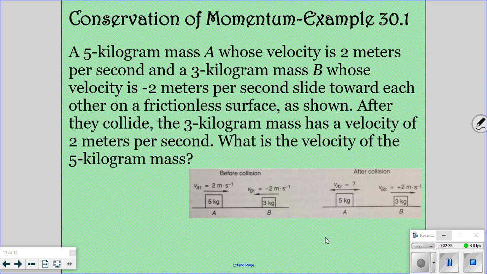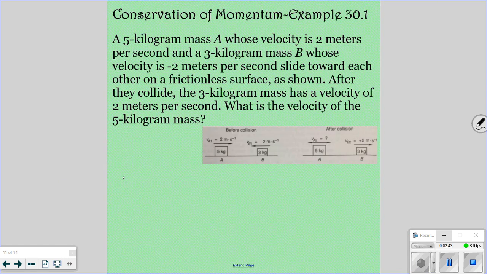A 5 kilogram mass A and a 3 kilogram mass B are going to collide, and they want to know what is the velocity of the 5 kilogram mass after the collision.